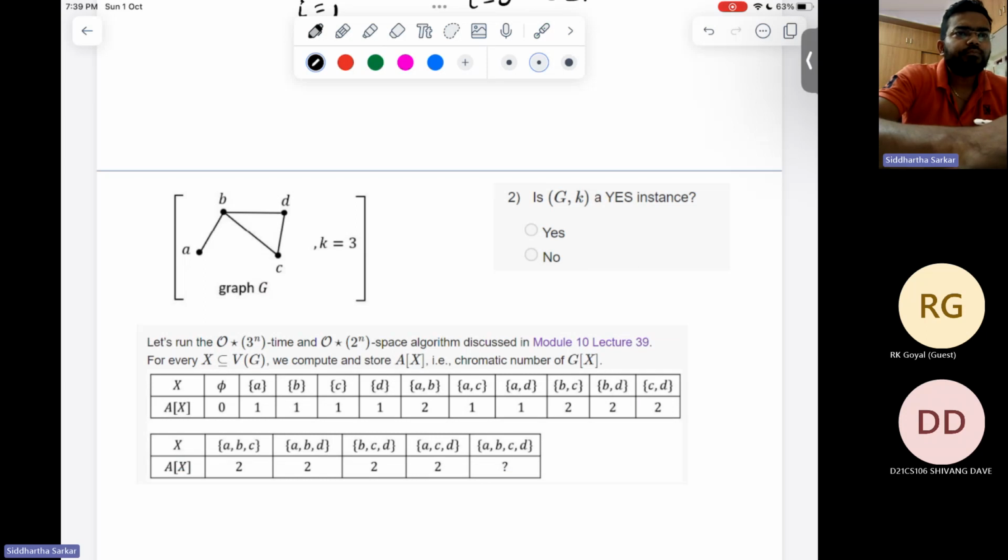Yeah, fine. Yeah, you write down the three coloring question that you have, then we can discuss it next time.